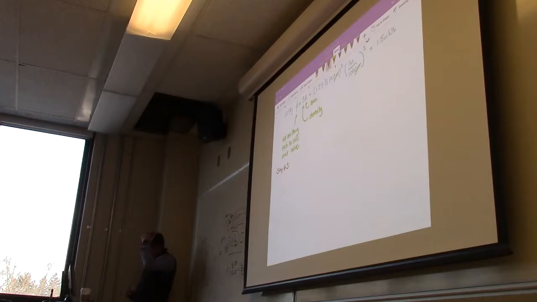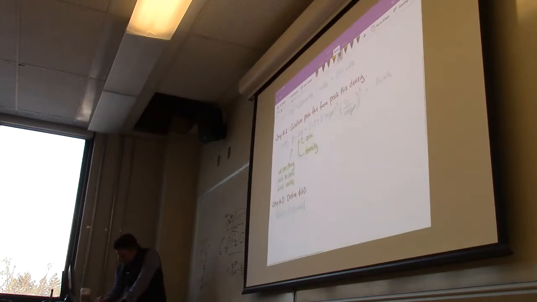Next, we'll define what our oscillating flux looks like. And so that's going to be 1.5 milliwebers times sine of 377t.